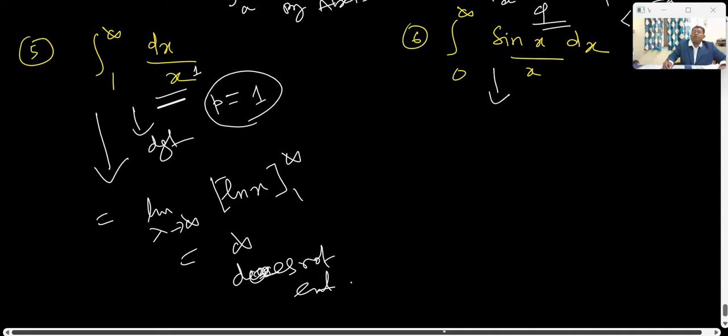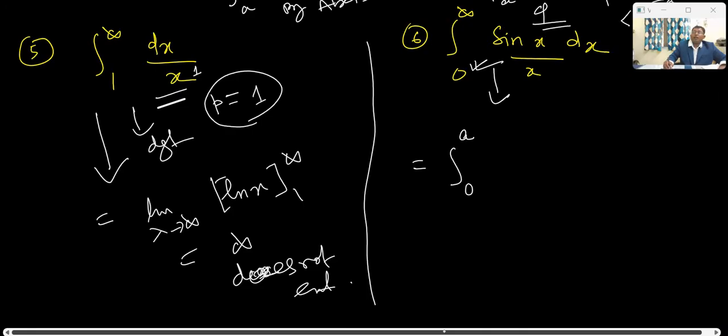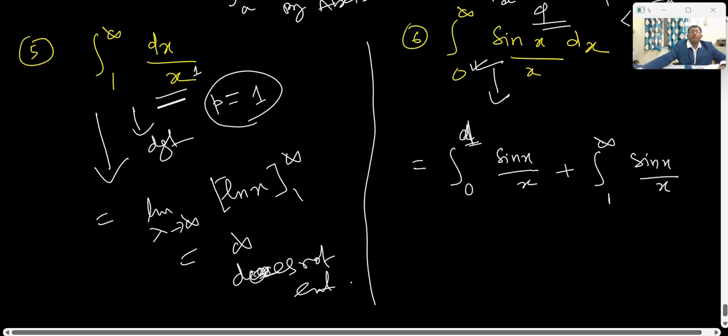Similarly, coming to your sixth integral, you see the limit here is 0, so we need to split it. Some integral from 0 to some constant a, where a is positive, or if I take one, no issue, then sin x by x, plus the integral from 1 to infinity of sin x by x.